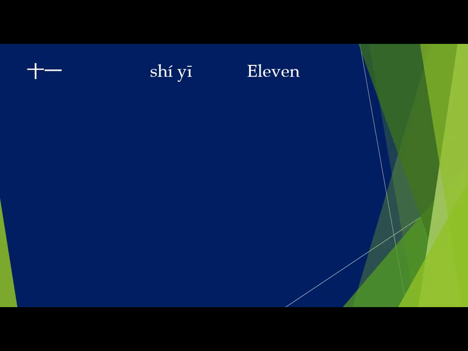When we put numbers like yi, er, san, etc. after 10, then it becomes 11, 12, 13, 14, etc.